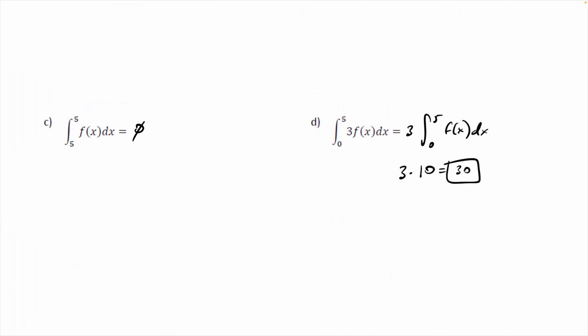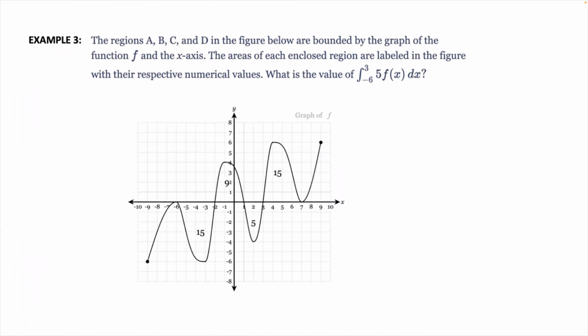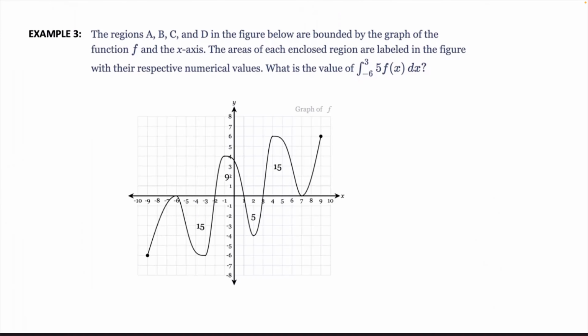All right. So now let's look at some graphs. Now they gave us some graphs. So the given is the graph. Okay? All right. Okay, so we have to find that guy there.